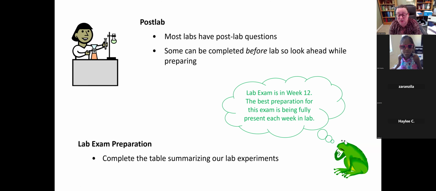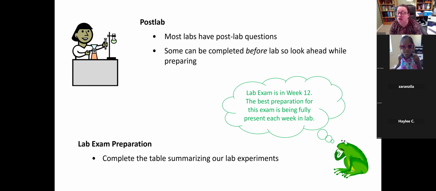The frog has a good idea. The best way to prepare for that lab exam is to be prepared for every lab and be as fully present as you can for every lab. Save your lab reports, and review them more or less right away, while it's fresh in your mind what you did. There really is no substitute for having been in the lab and having experienced that in order to be successful on that lab exam.